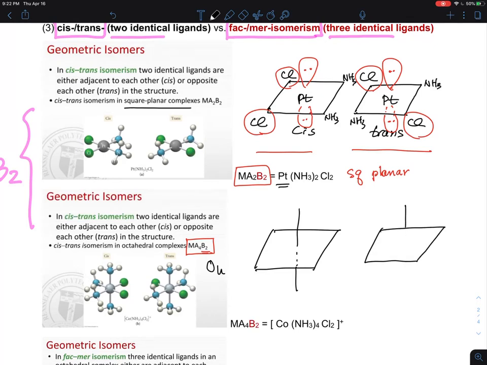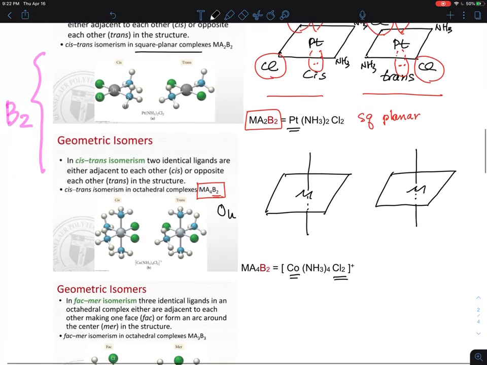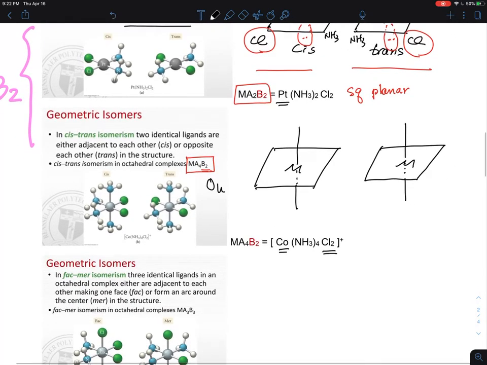So this is what I can draw. And then I can put the metal in the middle. Here, for example, cobalt in the middle, and the chlorine on both sides. Let me start with something easy.